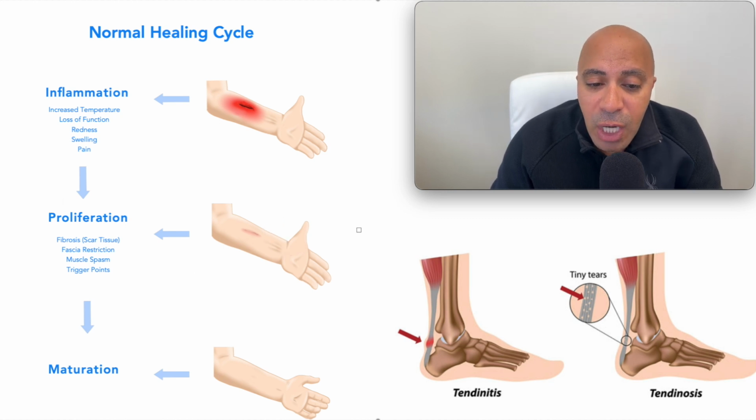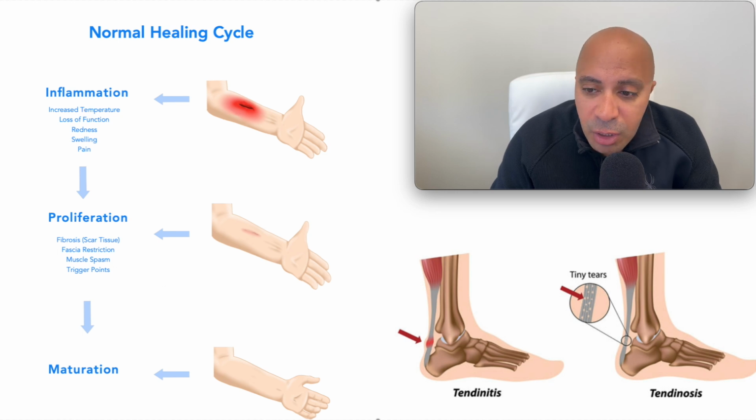During the second stage, you start to have fascial restrictions, muscle spasm, and trigger points that will make the condition worse. During the maturation stage, that's when your body starts to heal. Your body naturally gets rid of everything from the inflammation stage and proliferation stage.